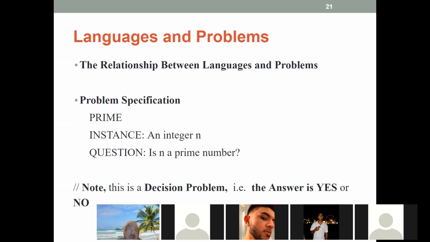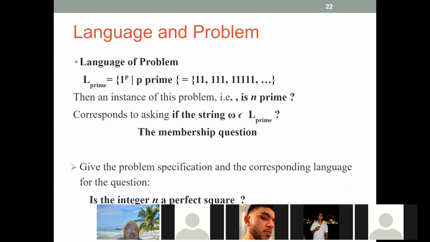Okay. So this is a decision problem. Careful. The answer is yes or no. I don't know. You got to tell me what the integer is. So the language of a problem, bad grammar. Put the word in your notes. L sub prime, that's the language of primes. 1 to the p, that's p copies of the symbol 1.